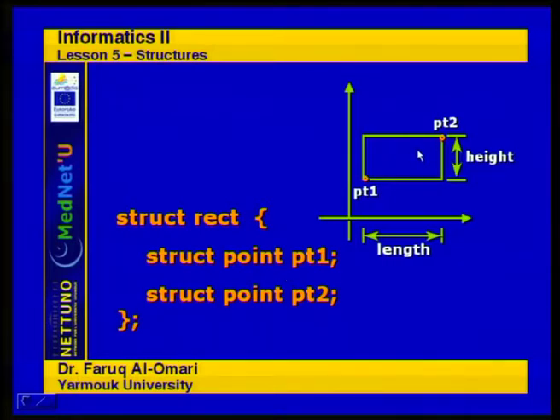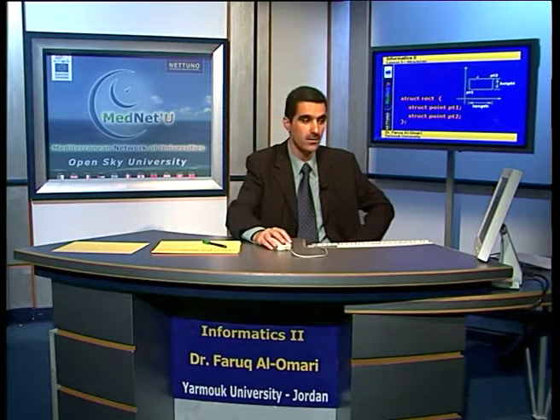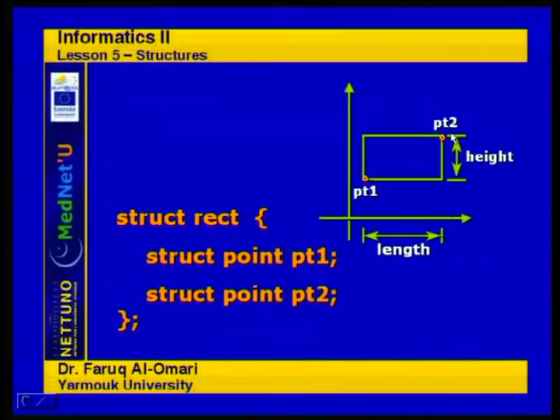Let's take this example. I want to define the rectangle in the Cartesian coordinate rather than just one point like we did for the PT1 and PT2 structures we defined earlier. PT1 and PT2 were already defined as variables of type struct point, and they have two components, x component and y component.